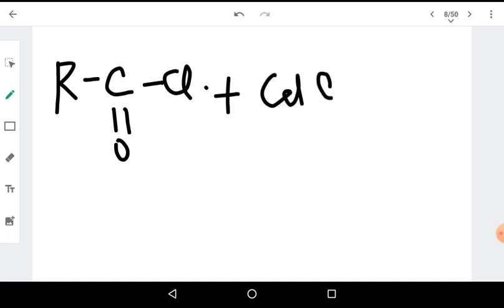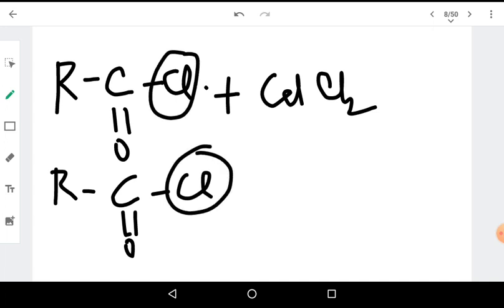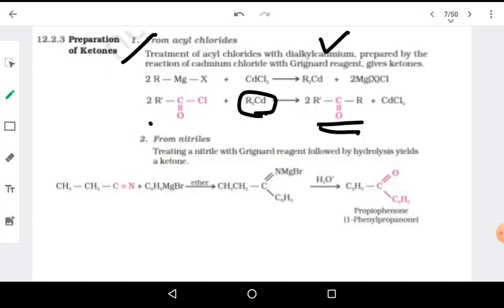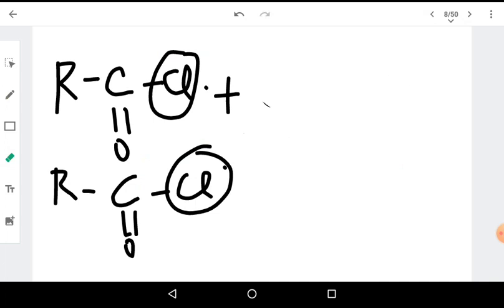RCOCl. This is acyl chloride. This has to be treated with R2Cd. So I have to take two molecules. This Cl and this Cl I can remove along with cadmium, as we have R2Cd and we have RCOCl, right?